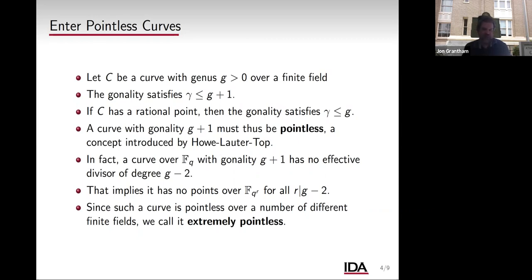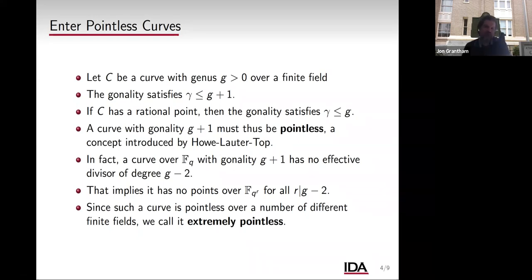So you have your curve, and it's a theorem that the gonality is less than or equal to the genus plus 1. And if there's a point on your curve, then it can't be bigger. The gonality can't be bigger than the genus.